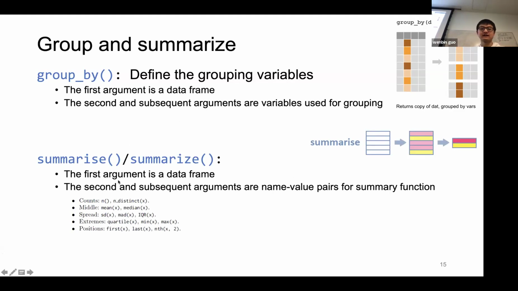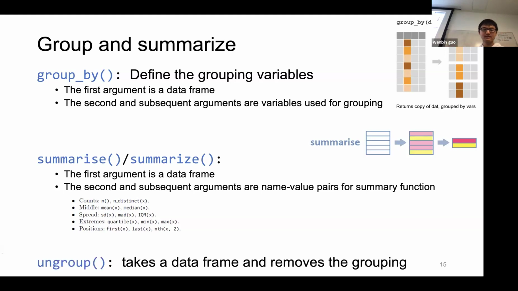You can use the count, just n, to do the counting within each group. Later in the practice section, we are going to try each of them and see what the results look like. The idea is pretty straightforward, right? It's something we really need, usually in your data cleansing or data manipulation part, you want to do some kind of grouping and summarizing.